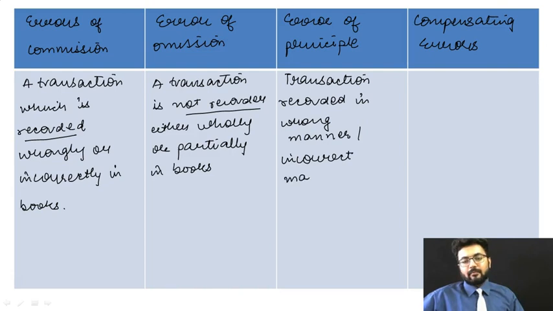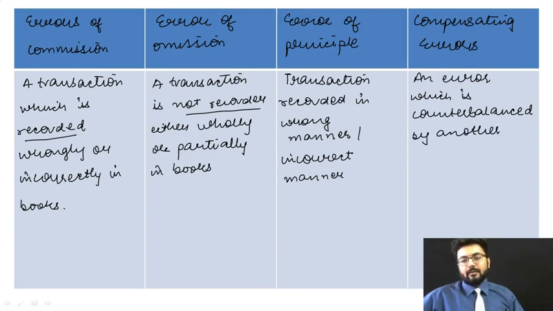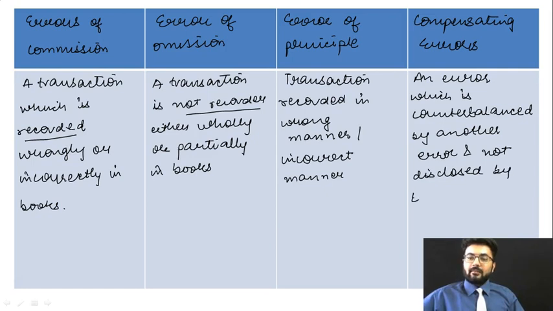Right? Now what is compensating errors? Compensating error: an error which is counterbalanced by another error, and moreover that is not disclosed by trial balance.